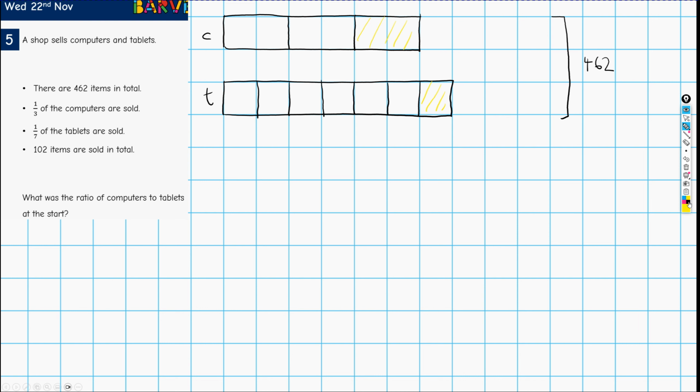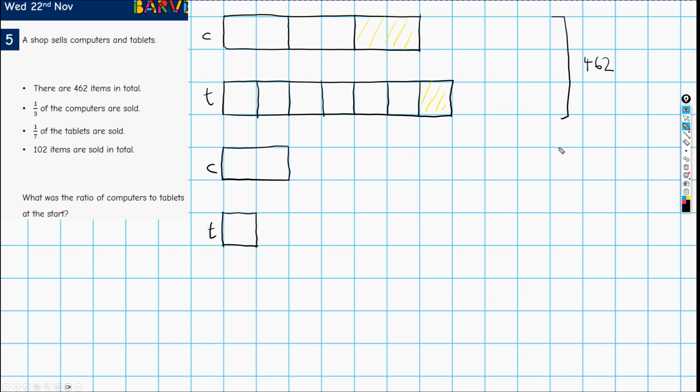Well, what I'm going to do is draw another model. Okay, so we're going to go computers and tablets again, and I'm going to draw that one part that was sold. So that's the one third from here, and this is the seventh of tablets that was sold.